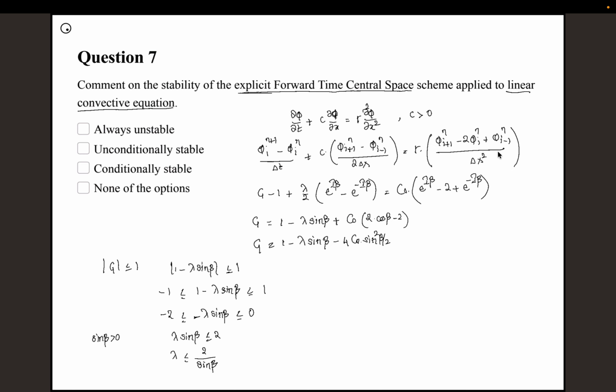For C greater than or equal to 0, this value can be again negative or positive. So we have multiple terms here where we always know that lambda should be positive. So this itself is not true. This is not stable, we do not actually get a value for lambda for mod G less than or equal to 1.